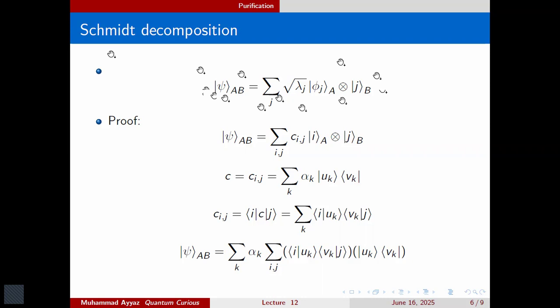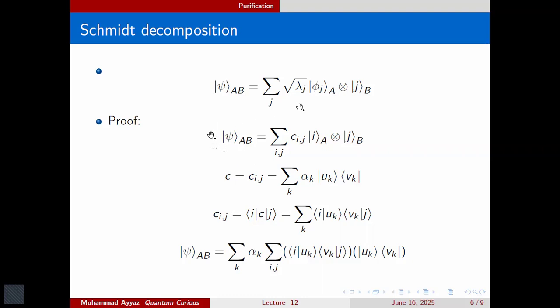So here is one form of the Schmidt decomposition, a general form, where we have phi j and j, usually called Schmidt factors, and the square root of lambda j is called the Schmidt coefficients. You can say they describe different properties of the state, and entanglement is one of them.